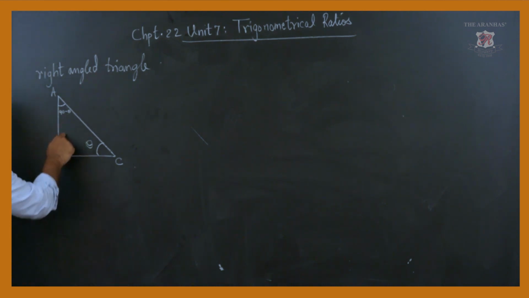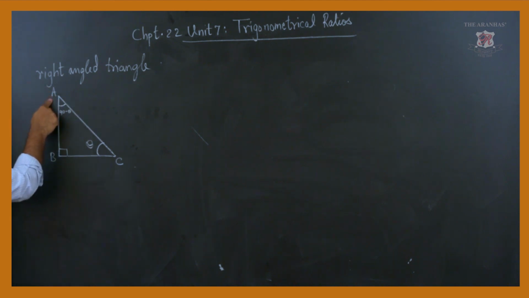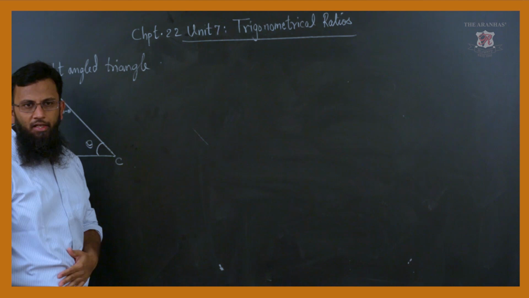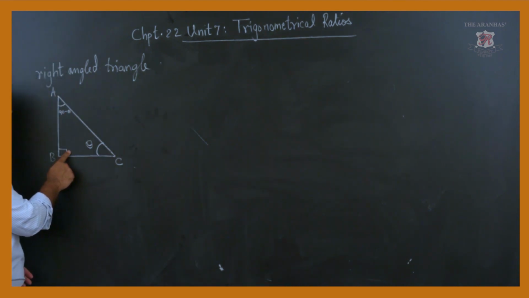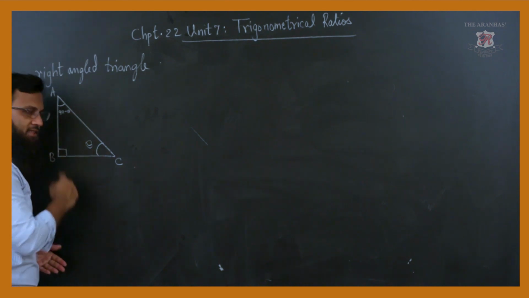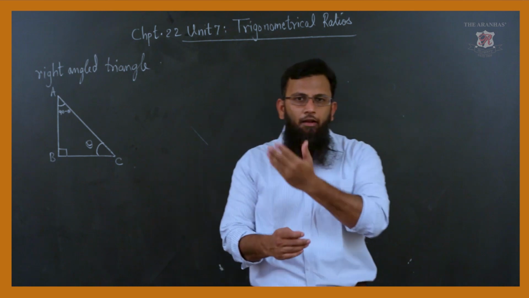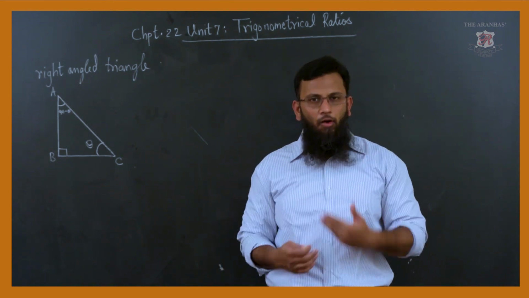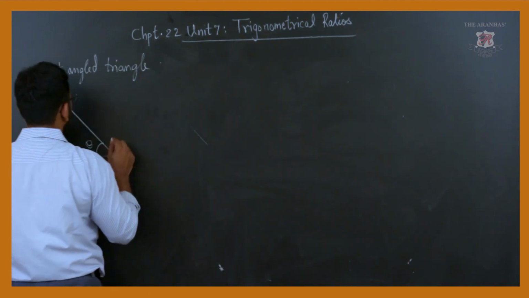As we are aware, the sum of all the angles, angle A plus angle B plus angle C, is 180 degrees. Out of that, one is 90 degrees, the second one is theta, the third one is unknown to us. So, we can add all the angles and it will be equal to 180, and if you solve it further, this angle comes out to be 90 minus theta.